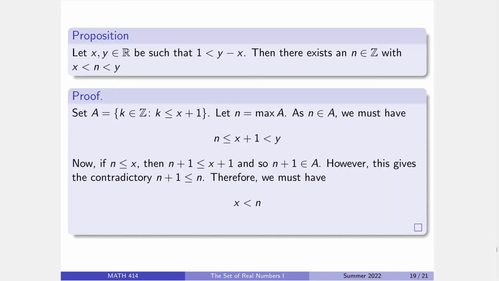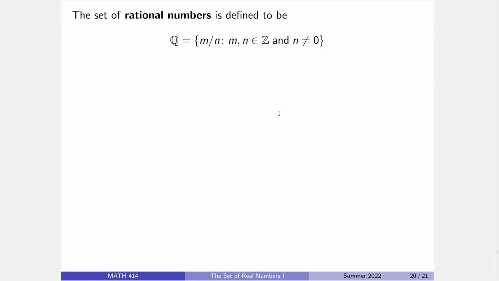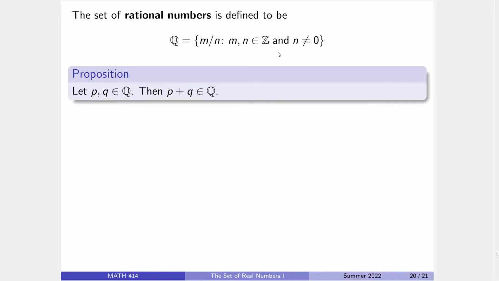Beauty. All right. Now, one last set to discuss is the set of rational numbers, which you just define as follows. It's the collection of m times the multiplicative inverse of n, where m and n are integers. And this set can be proven to have all of the usual algebraic properties.